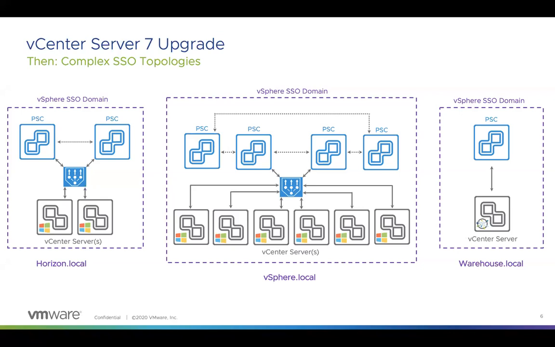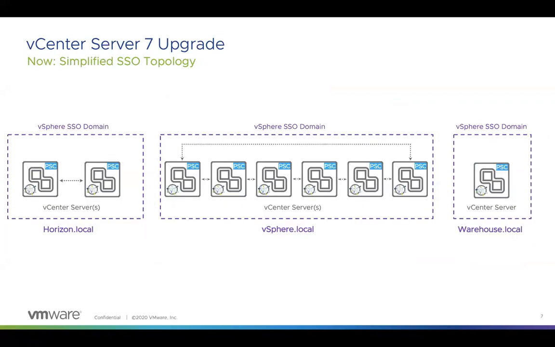Now there is only one topology, the vCenter Server appliance. You can link as many as 15 vCenters when they are in the same domain, and now we have tools where you can change the domain name and more. So those 64 topologies now come down to hardly 3 combinations.